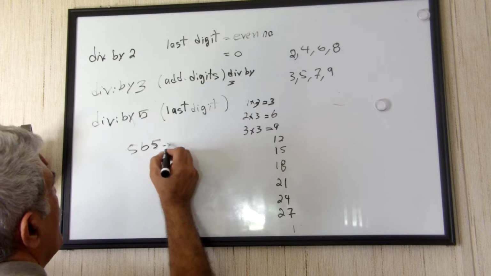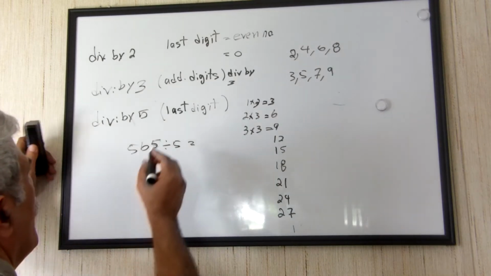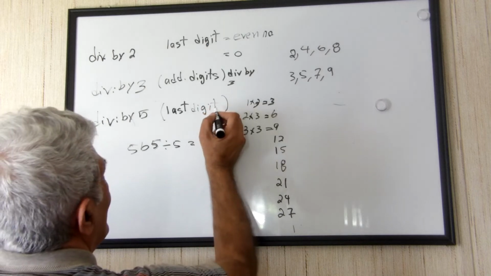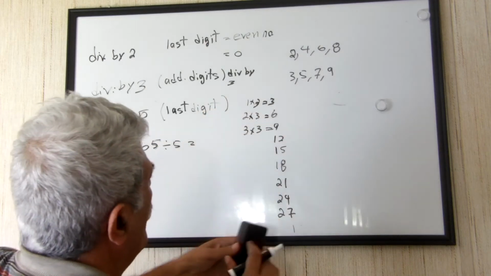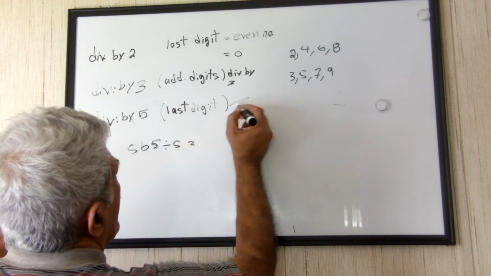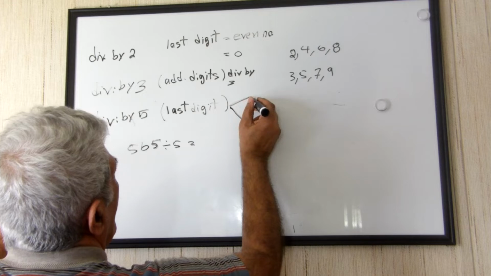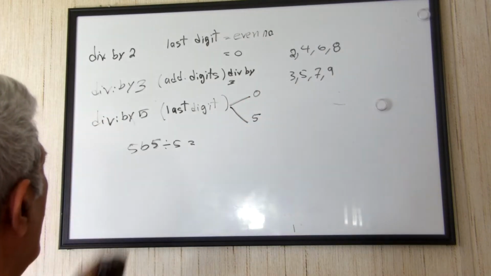So this one can be divided by 5. Or the last digit is either 0 or 5, we can divide it by 5. Like this one.